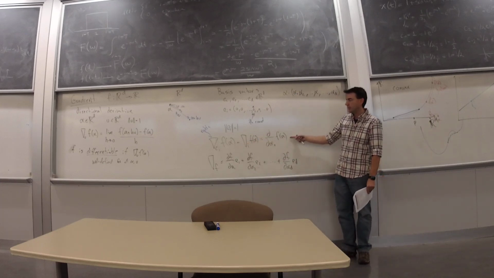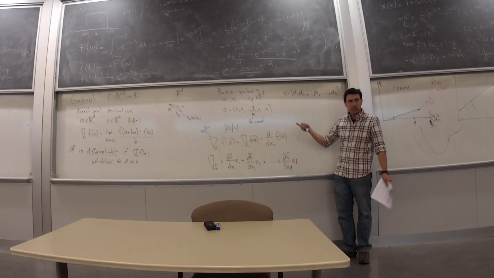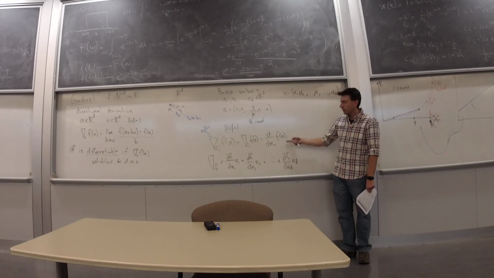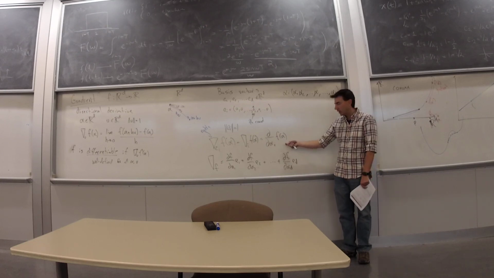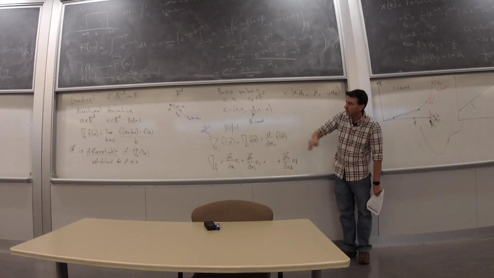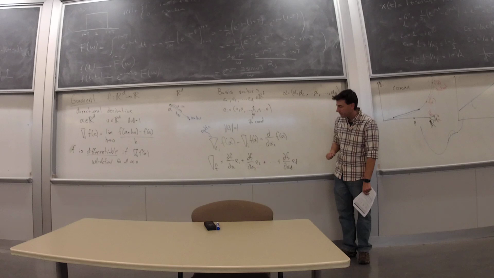Each partial derivative is going to be a value, right? Or it's a one-dimensional function. But the gradient needs to be a d-dimensional vector.